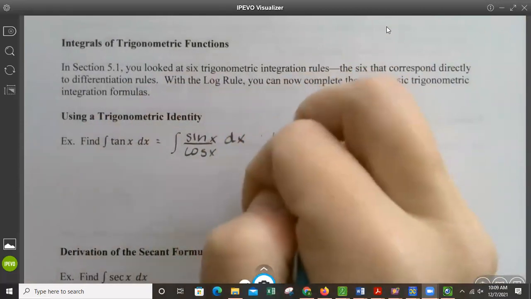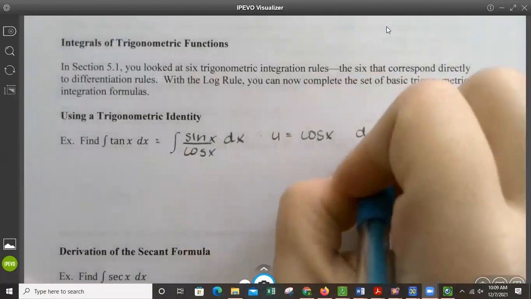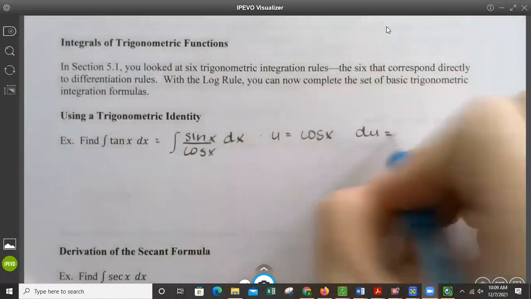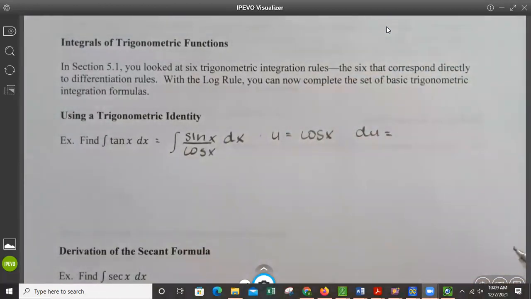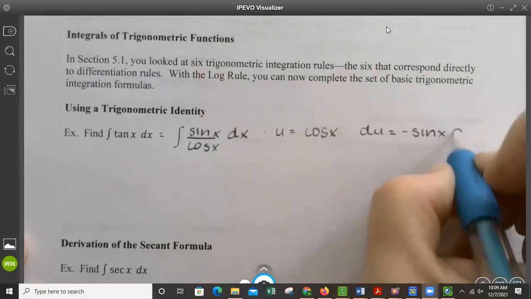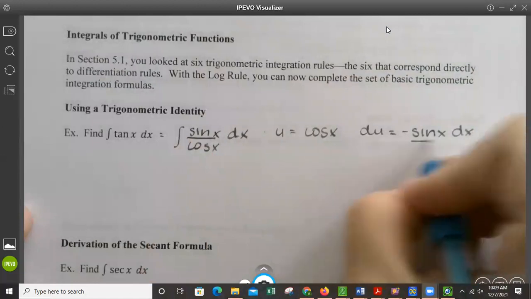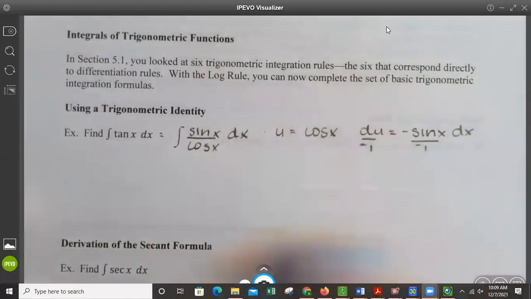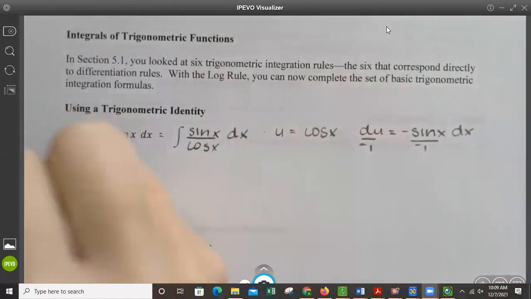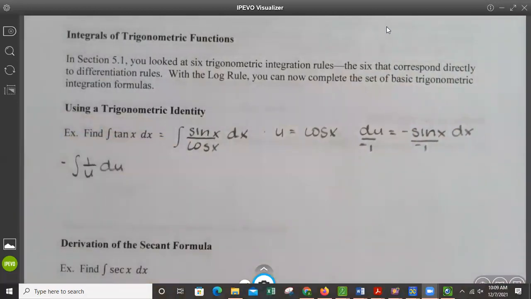Our u is going to be the number on the bottom, or the function on the bottom, which is cosine x. What is du? Emma, what's the derivative of cosine x? It is negative sine x. But I just want positive sine x. So what do I do? So then I have the negative integration of 1 over u du. Didn't we get this?